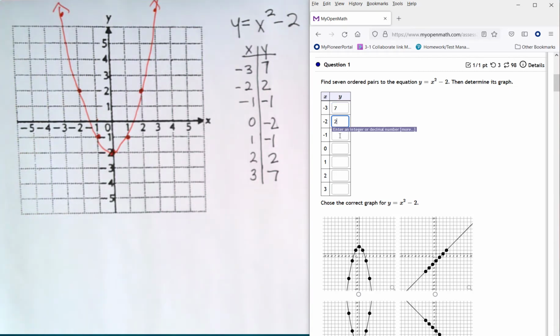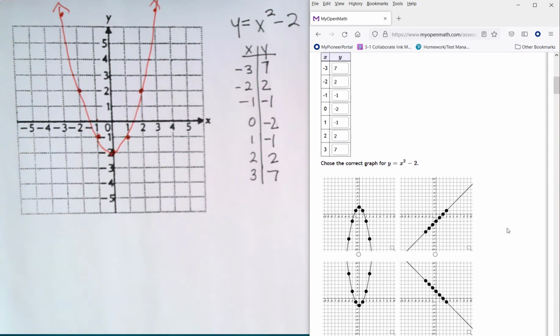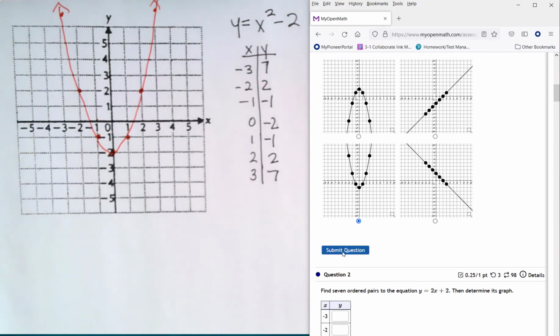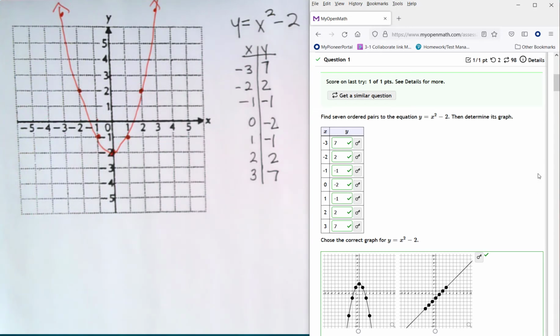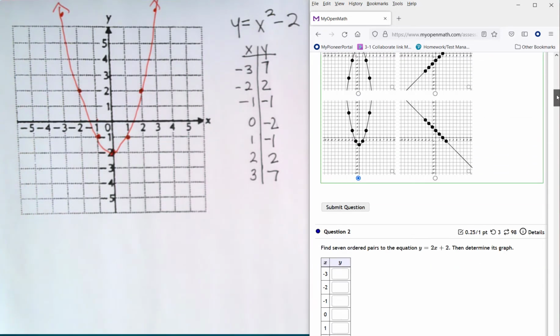But I depended on the calculator, so probably I didn't. And from our choices, let's make sure I picked that one. And so they said, oh, good. You did a good job today.